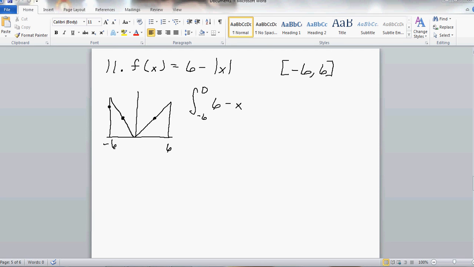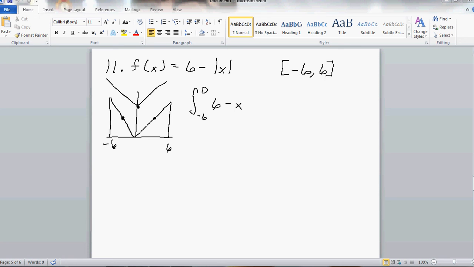No, this is not 6 minus x. Wow, this is just minus x. Oh, my problem is I've got my graph wrong. Oops. Okay, this is making a whole lot more sense.